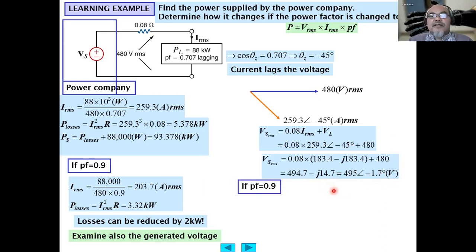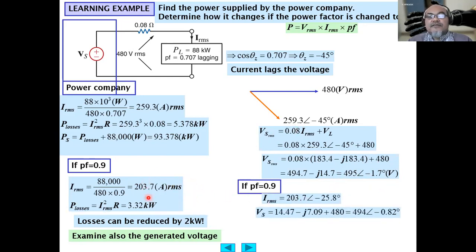If the power factor is 0.9, then we multiply 0.08 with this smaller current, 203.7, with the phase angle of minus 35.8. This is the theta z obtained from the arc cosine of 0.9.